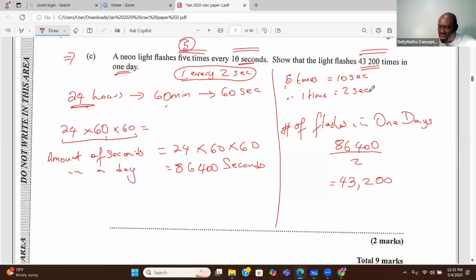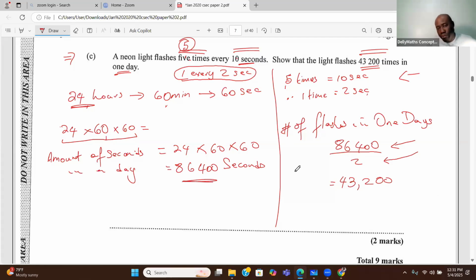This is me explaining to you. In the exam, the moment you reach there, you divide it by 2, you're gone. 5 times every 10 seconds means 1 time every 2 seconds. So if you know the total seconds and after how many seconds it flashes, then you divide it and you're good.